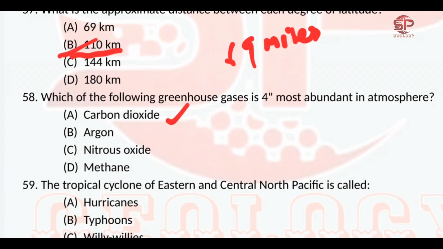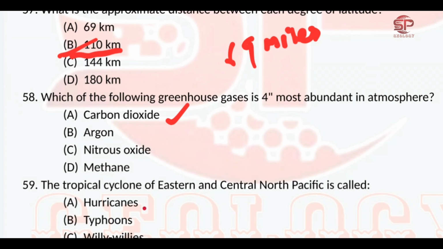It will be carbon dioxide. Maximum abundance is nitrogen 78%, then oxygen 21%. Then among the greenhouse gases, carbon dioxide comes fourth.